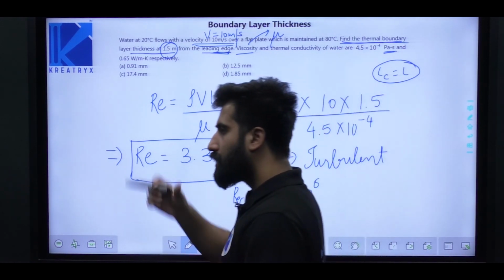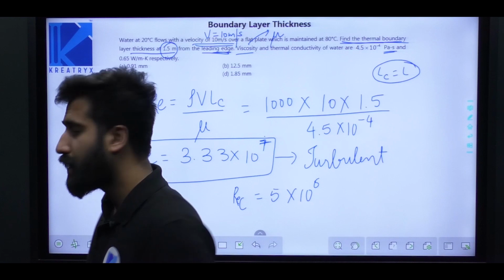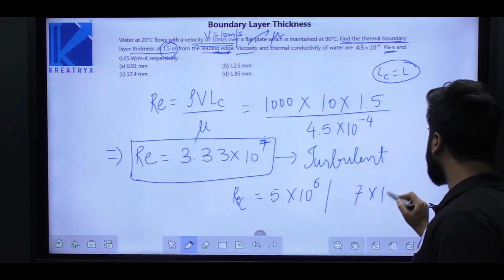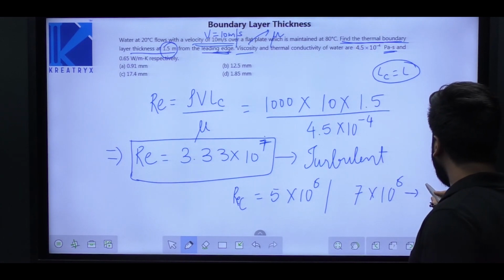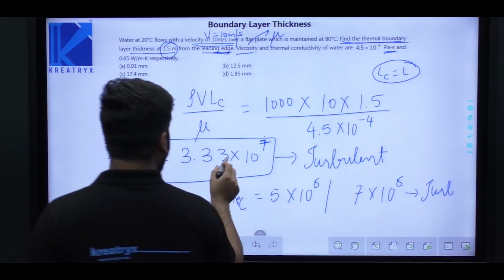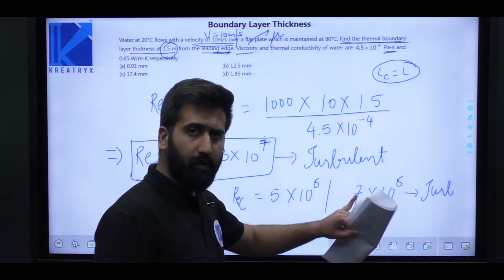Below this number, the flow is laminar, and above this, or in some books it is 7 into 10 to the power 5, it is considered as turbulent. So this Reynolds number is larger than both the numbers.